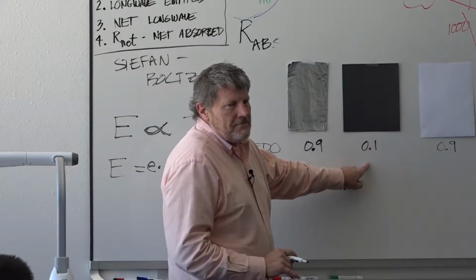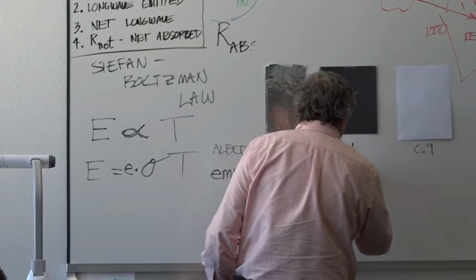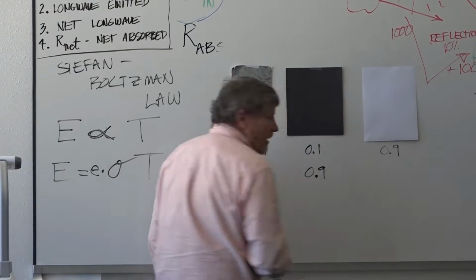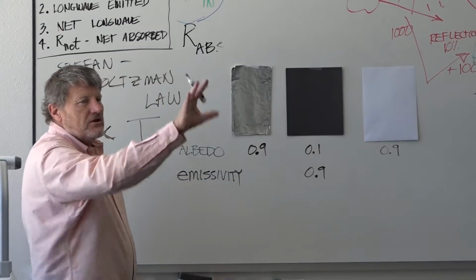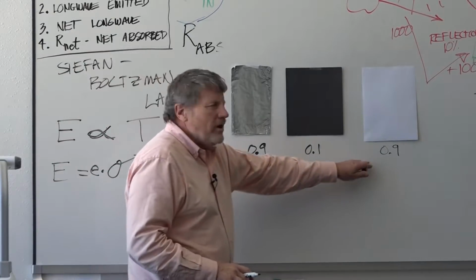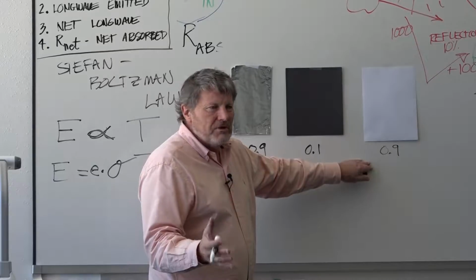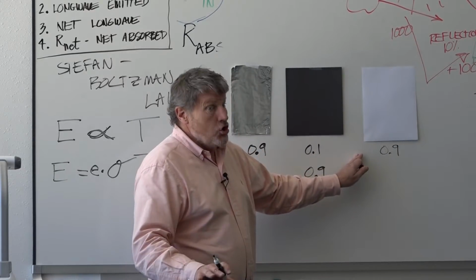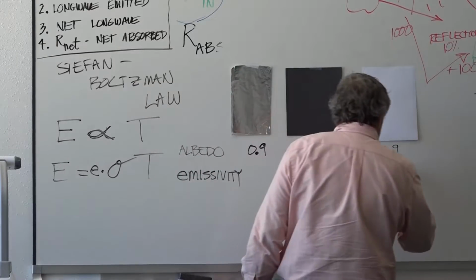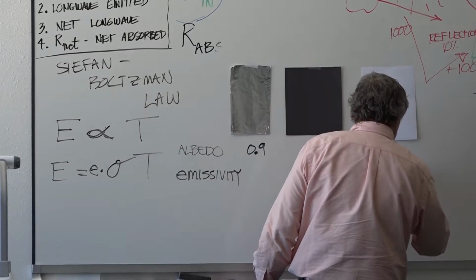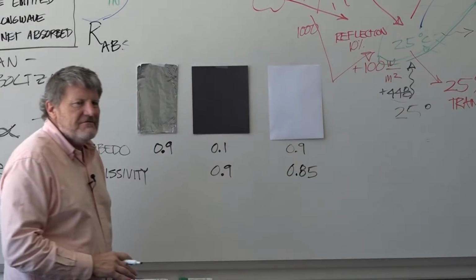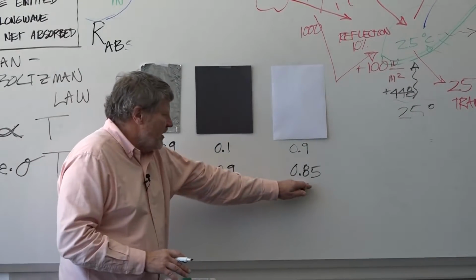A black body, depending on how black it is, this might be 0.9 for the ability to give off. Now, white paper, what do you think white paper would be? Well, hardly can emit, right? It's the opposite of black? No. White paper might be 0.85, maybe even 0.9.